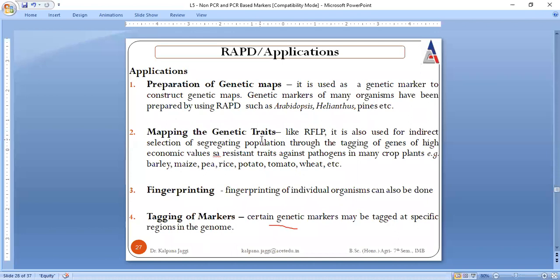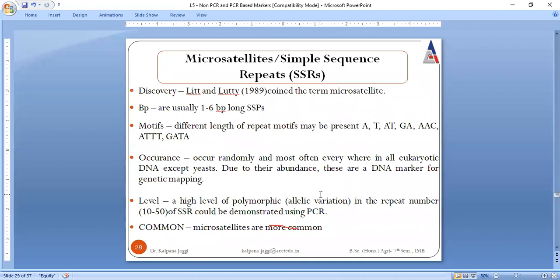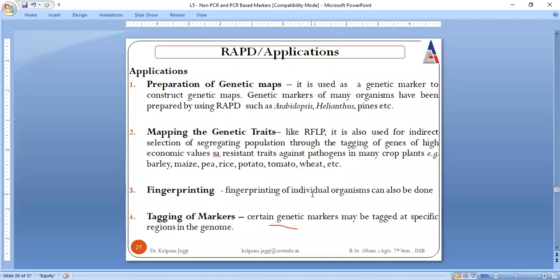That means you can also come to know resistance traits against pathogens, etc. It is also involved in fingerprinting of the individual organism, and certain genetic markers may be tagged at specific regions also. So this was all about random amplified polymorphic DNA.